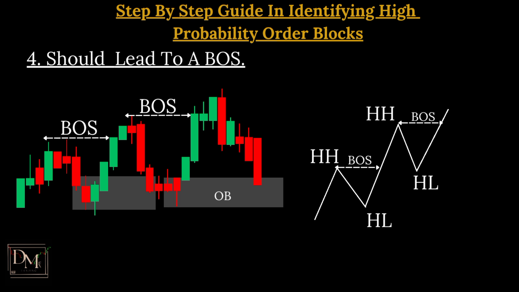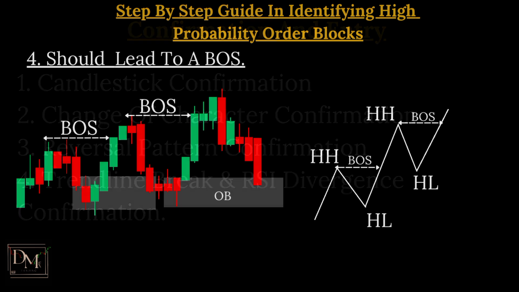For an order block to be of high probability, it should be the origin of the move that caused the BOS, indicating strong institutional involvement and increasing the likelihood of price revisiting the order block before continuing in the new trend direction. When trading order blocks, the most important aspect is confirmation, ensuring price reacts as expected at the predefined order block before entering a trade.